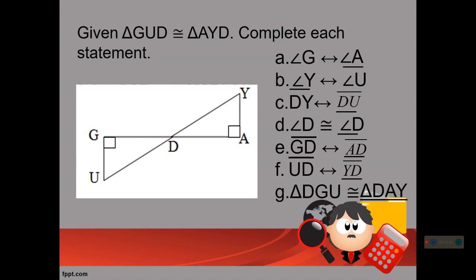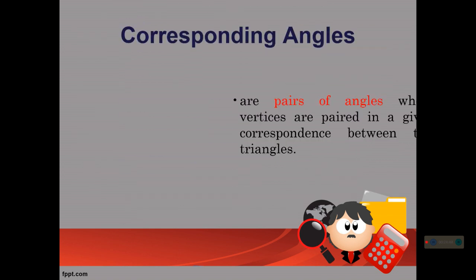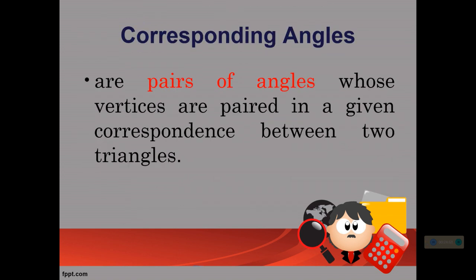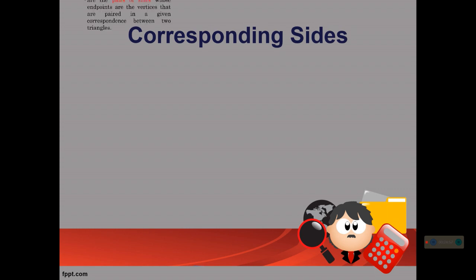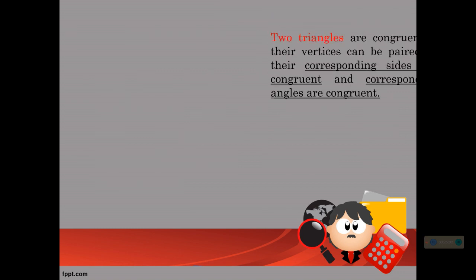Okay, any question? So again, corresponding angles are pairs of angles whose vertices are paired in a given correspondence between two triangles, while corresponding sides are the pairs of sides whose endpoints are the vertices that are paired in a given correspondence between two triangles.